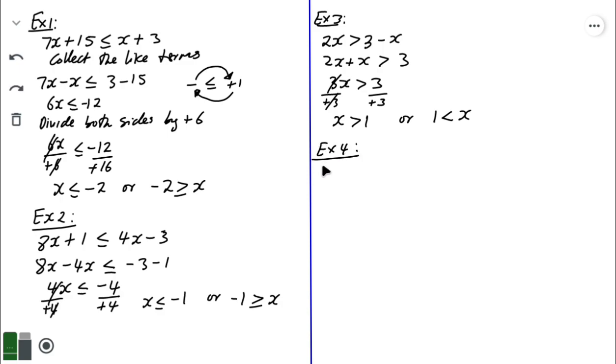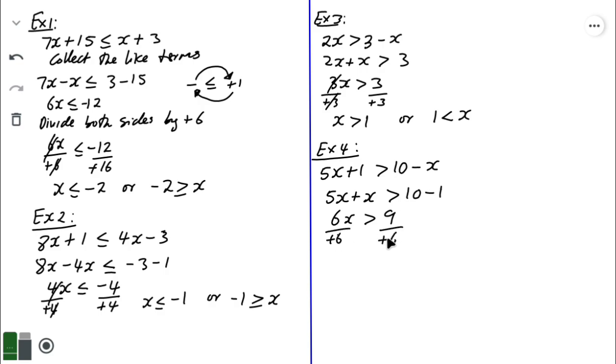Example 4. Given that 5x plus 1 is greater than 10 minus x. Now, the next thing we need to do is to collect the like terms. I'm going to be having 5x plus x is greater than 10 minus 1. So this will be 6x greater than 9. Divide both sides by positive 6.